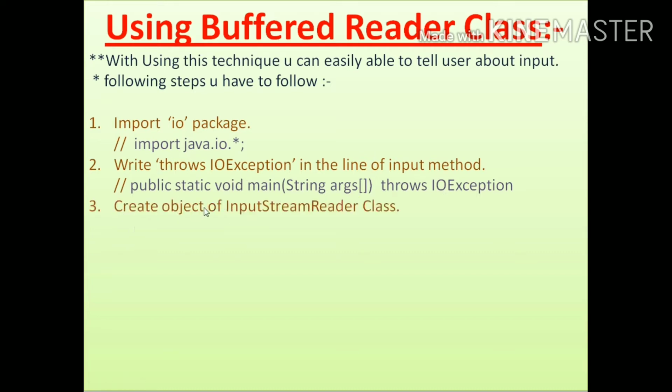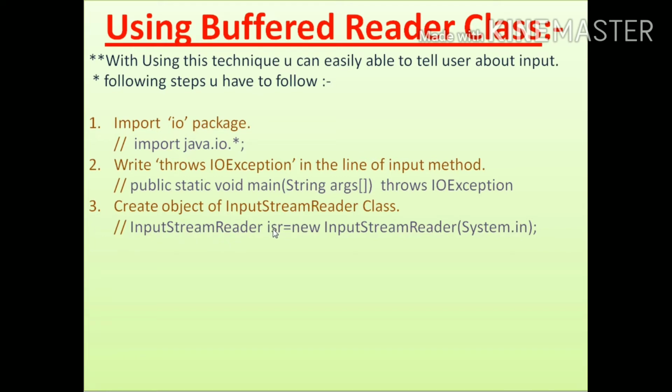Next line is create object of InputStreamReader class. It looks like InputStreamReader isr = new InputStreamReader(System.in). Actually System.in is a buffering concept and isr is the object form. InputStreamReader is a class, isr is the object.